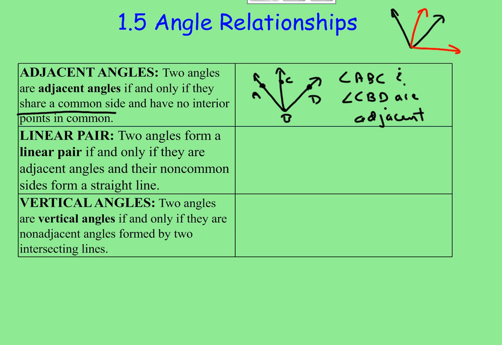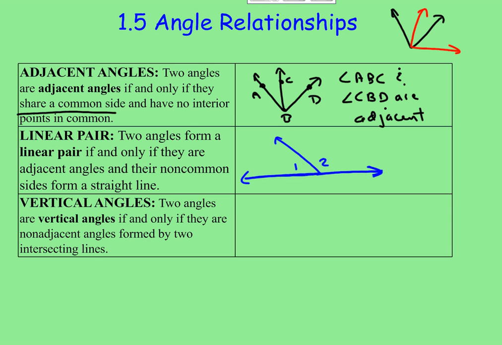Linear pair basically means the two angles together are adjacent and they form a straight line. Angle 1 and angle 2 are a linear pair. They are adjacent and they form a line.